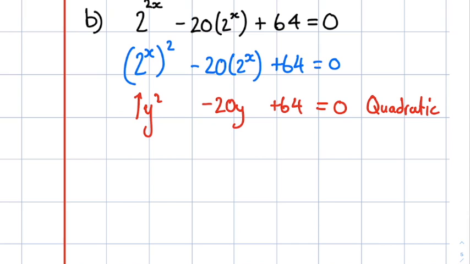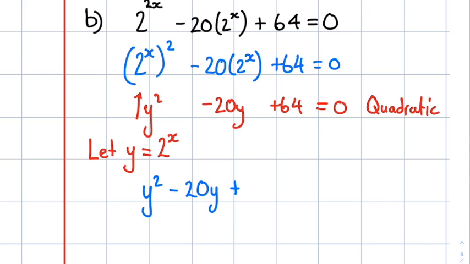By first rewriting that first term, 2 to the power of 2x, as 2 to the power of x squared, it looks like a quadratic. So let's do that. Let y equal 2 to the power of x. Then we can write y squared minus 20y plus 64 equals 0.